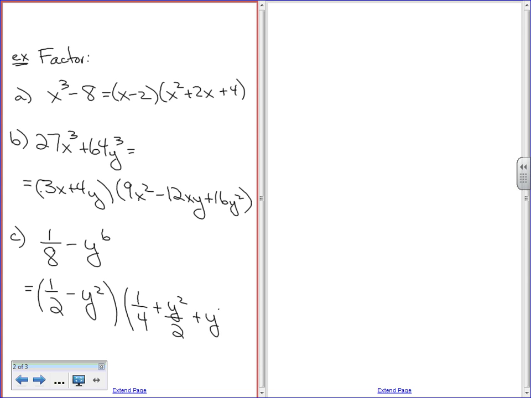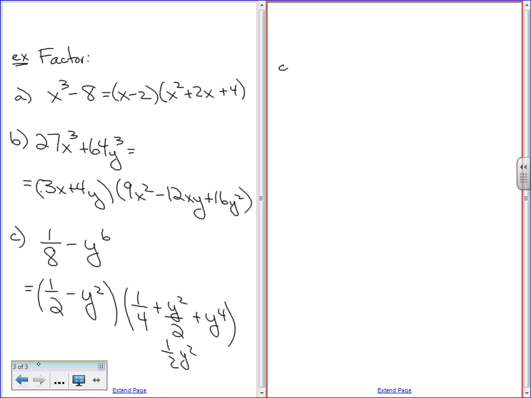So y squared times y squared is y to the 4th. It's a different way of writing. Okay, so just to really beat this home, try this one.